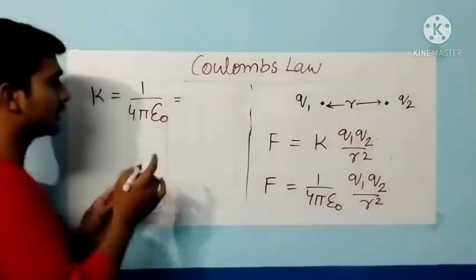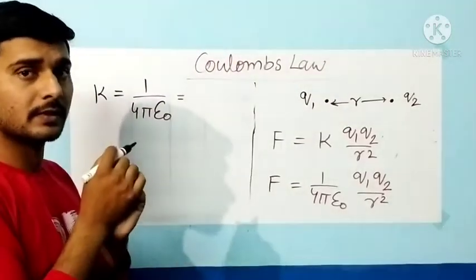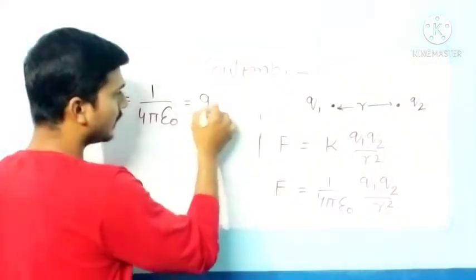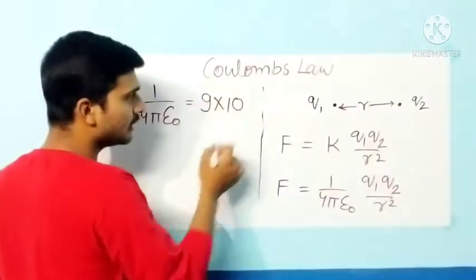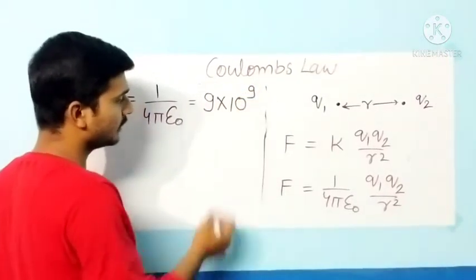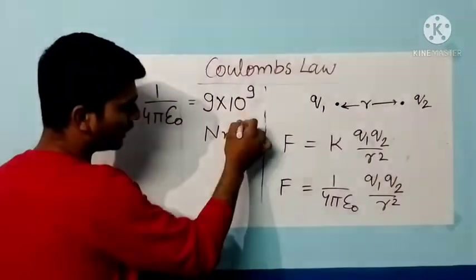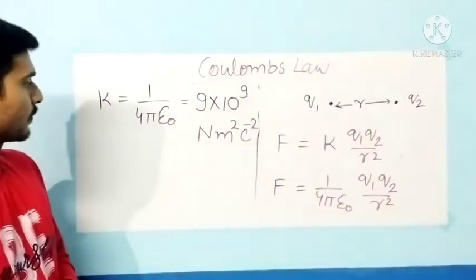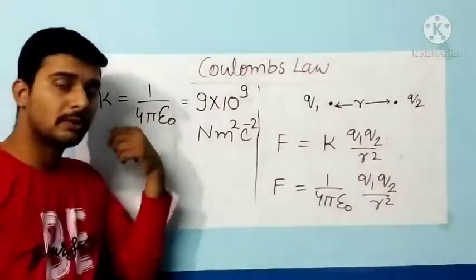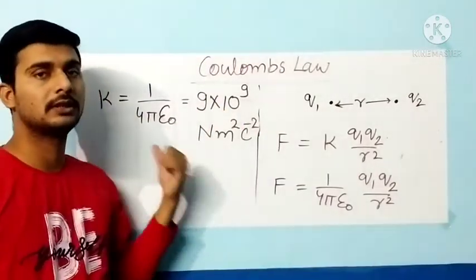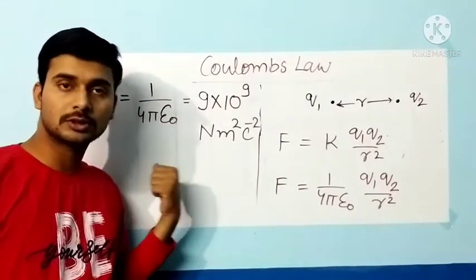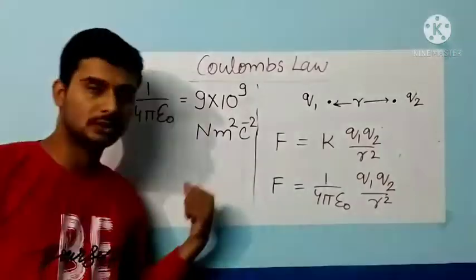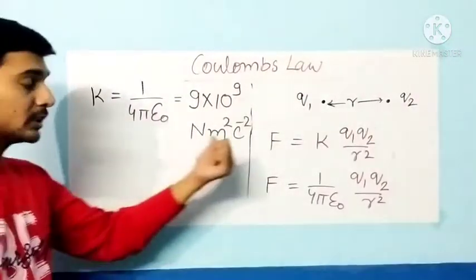In free space the value of K was calculated experimentally and found to be 9 into 10 raised to 9 Newton meter squared Coulomb to the power -2. You have to remember this value. This is very important. You will have to use this value while calculating problems related to this topic. So please remember this value.